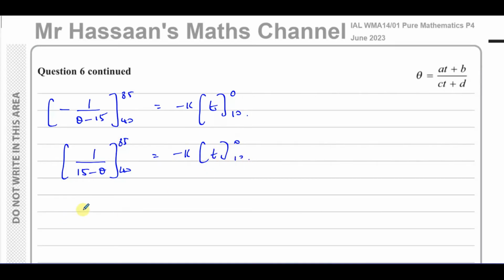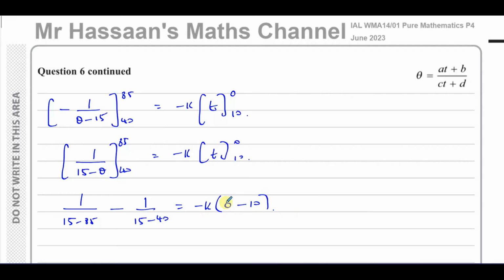Now we can start putting the values in. So you have 1 over 15 minus 85 minus 1 over 15 minus 40 equals minus k times 0 minus 10.